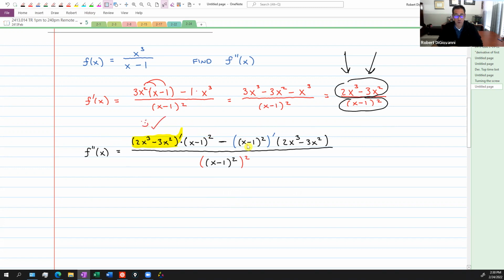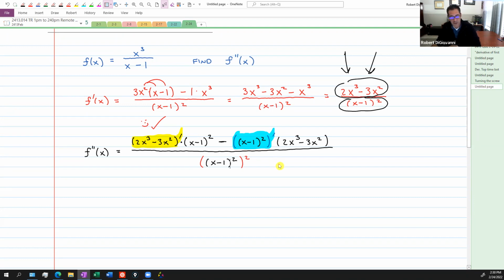The second one, though, the one here in blue, this derivative is something tricky we haven't seen before. Right now, you do not know how to take the derivative of something raised to a power unless it's just x to a power, right? If it's x squared, you know the derivative, but x minus 1 squared, we have not learned anything about this yet.